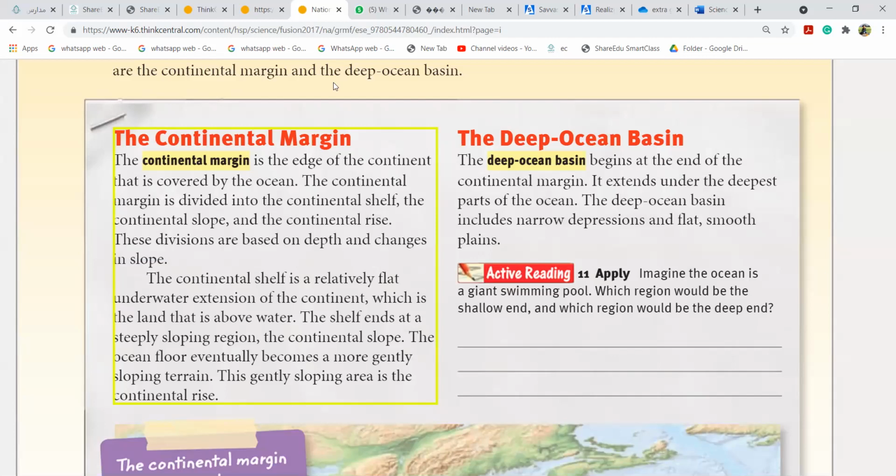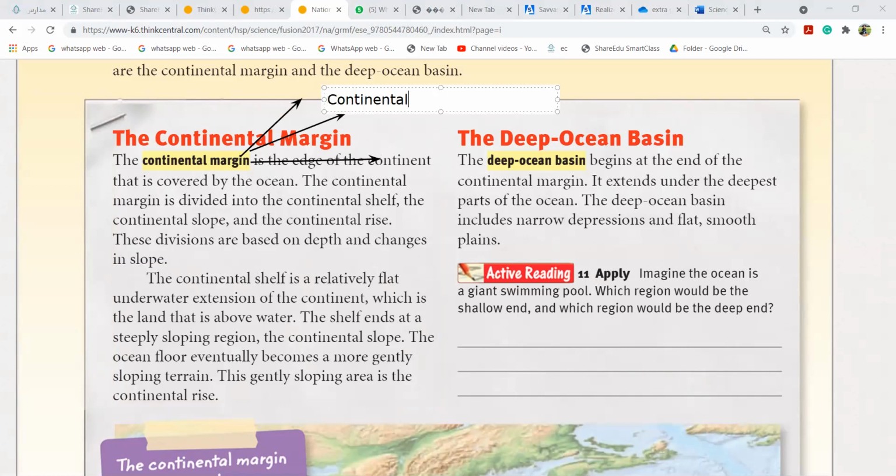Again, the continental margin is divided into three things. I'll write down here: continental shelf, continental slope, and then continental rise.